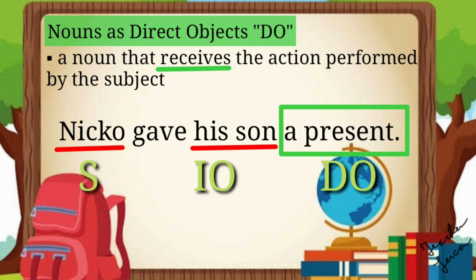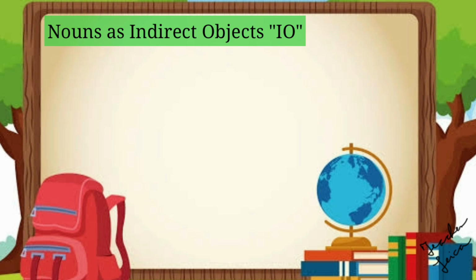The DO, or direct object, in the sentence is definitely a present, which was received by the son. So his son is the recipient or the receiver, which makes his son the indirect object or the IO. So the subject is Nick.